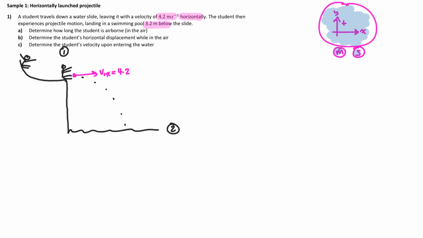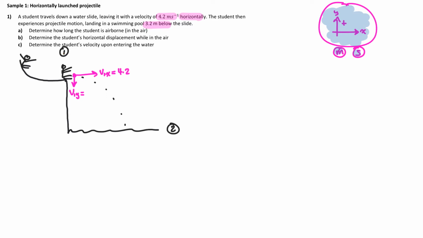And the student will also have a vertical velocity at this point. So V1y. In this case, because the student is just sliding, at the moment that the student leaves the water slide, it's only going to have horizontal velocity right at that moment. And then acceleration is going to start pulling the student down, and it's going to gain some velocity.